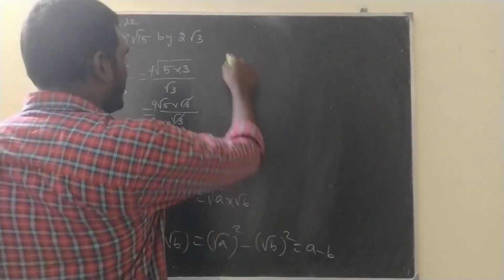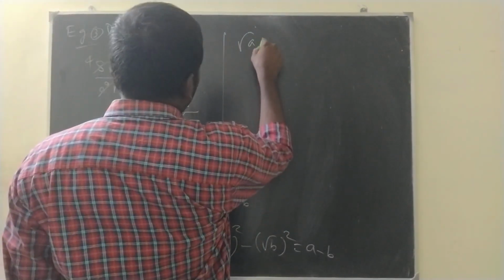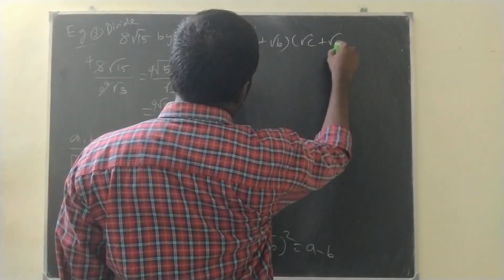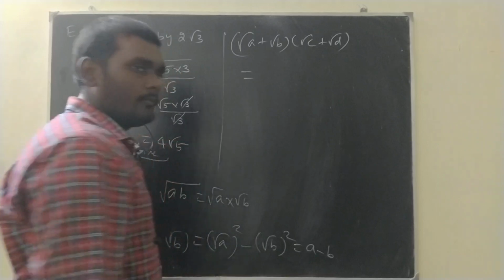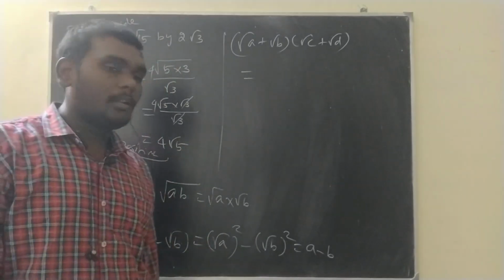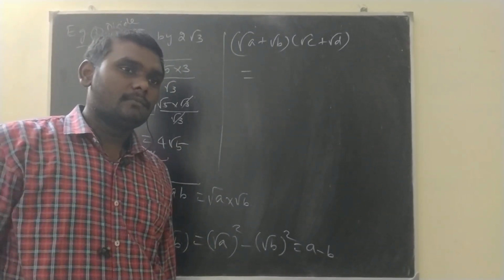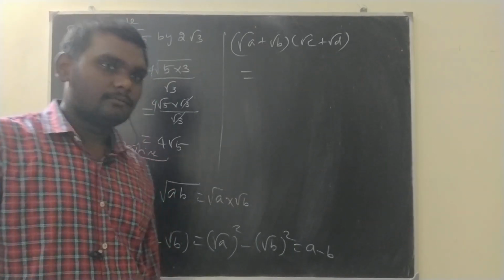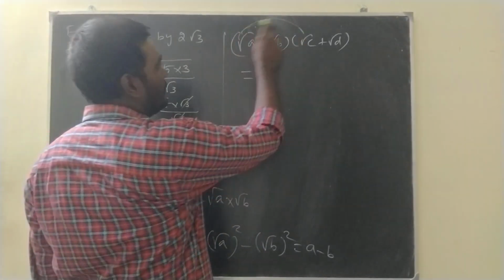Suppose the numbers are not the same. Root a plus root b into root c plus root d. Then what we will do? How to multiply this kind of thing? As we do the multiplication for binomials, we'll take this one, distribute that in these 2.